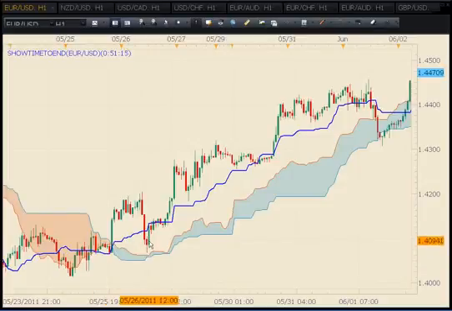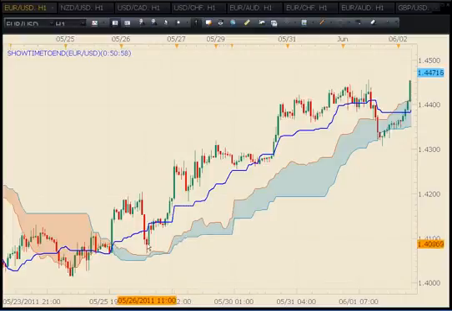Whenever you have price above this cloud, then you're looking to go long. Okay, so right now we're below the Kijun. So price is below the Kijun, but we're bullish because we're above the cloud as usual, normal.